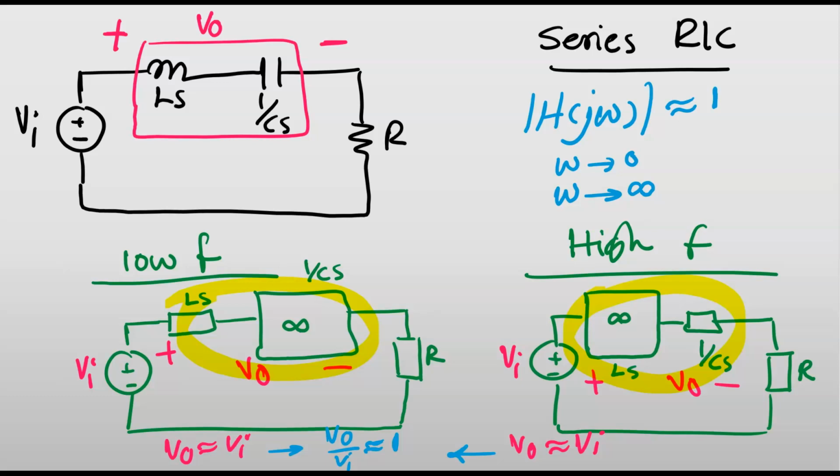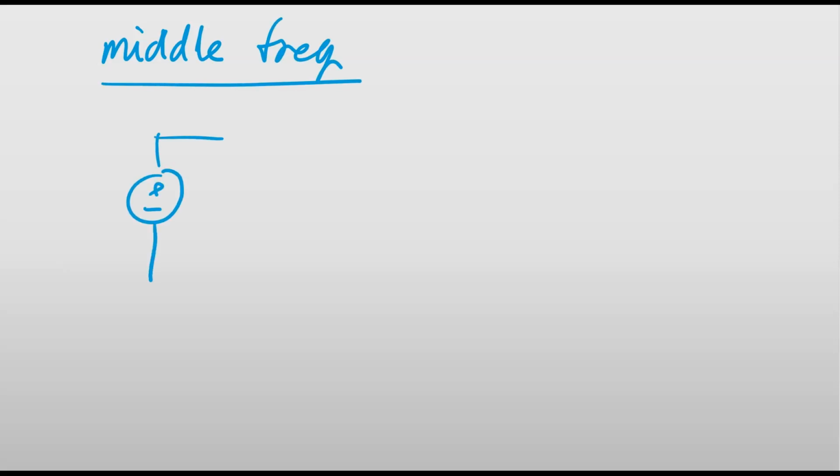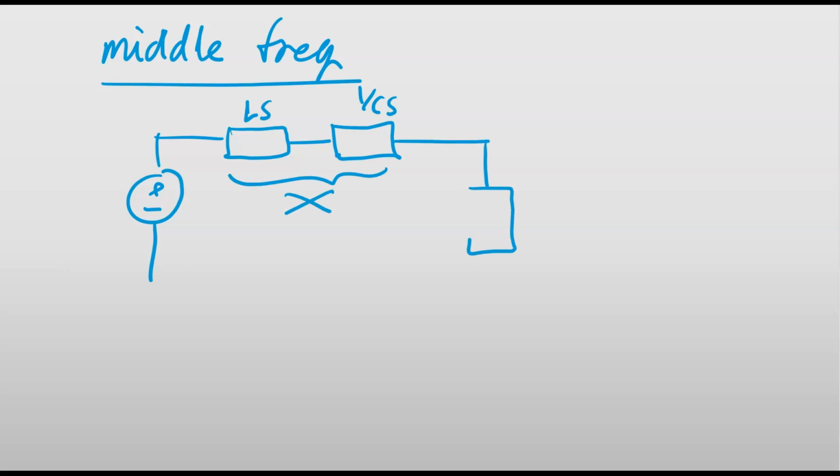But in the middle frequency, so if I think about middle frequency, what will happen is that they have an impedance which is in the same range. So Ls has an impedance very close to the value of 1 over Cs with opposite signs, so they basically cancel out the effect of each other. And this time, because these two together are very negligible, the input voltage will mostly drop across the resistor.